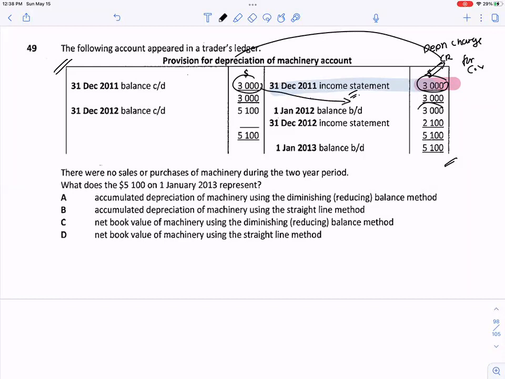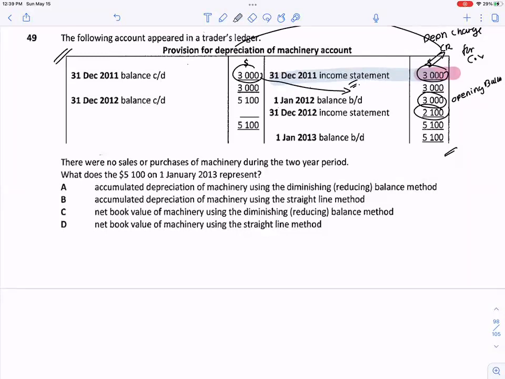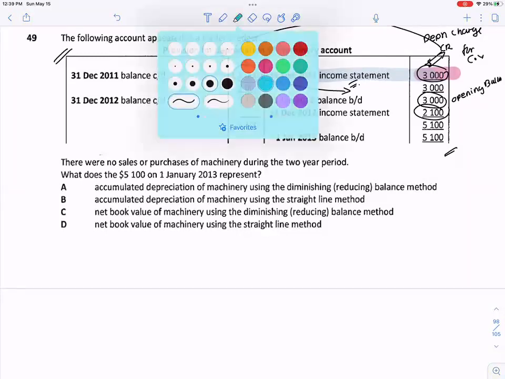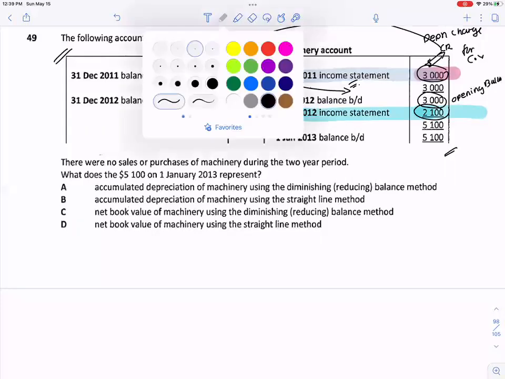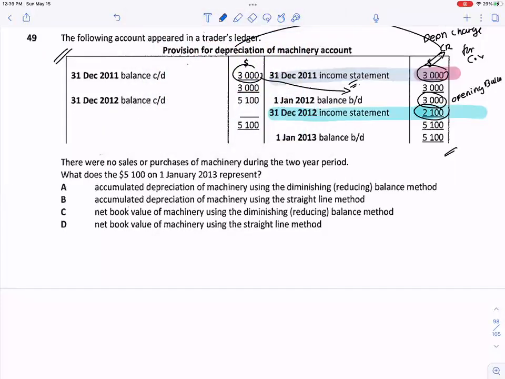So this is opening balance. What does this mean? This will also mean depreciation charge for 2012.